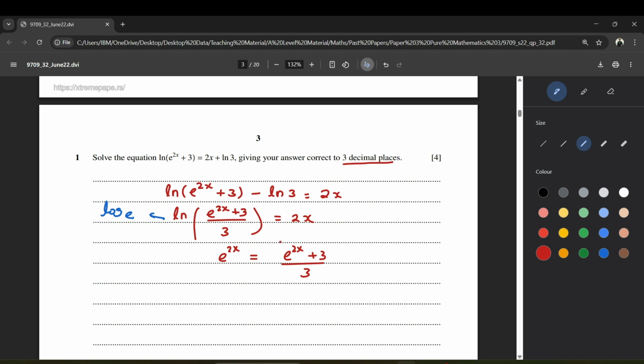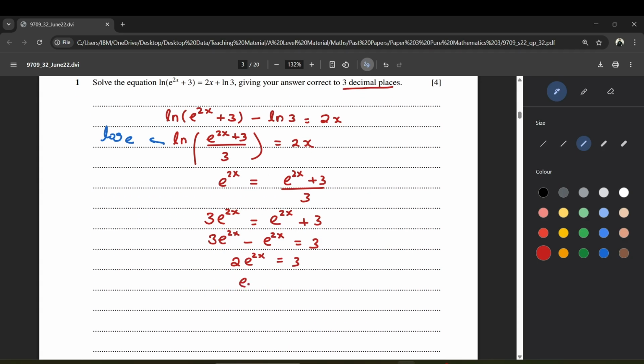So now we'll multiply this 3 to this side. So we have 3 e to the power 2x equals e to the power 2x plus 3. Then 3 e to the power 2x minus e to the power 2x equals 3. 2 e to the power 2x equals 3.